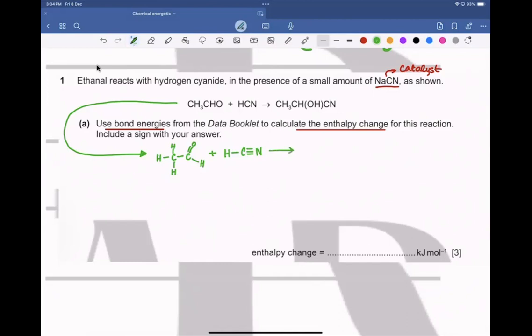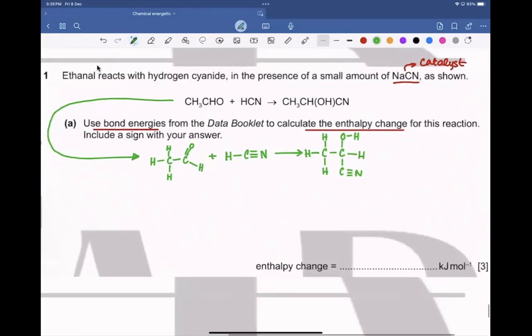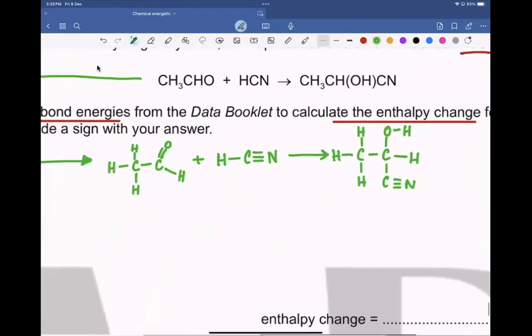Okay. Now if you look at the product, we have a CH3, which means a carbon bonded to 3 hydrogens, and then a carbon with an H. Let me write the H. OH, which means there is an O and that O is bonded to a hydrogen, and CN, so it means C triple bond N. Now have a look at this.